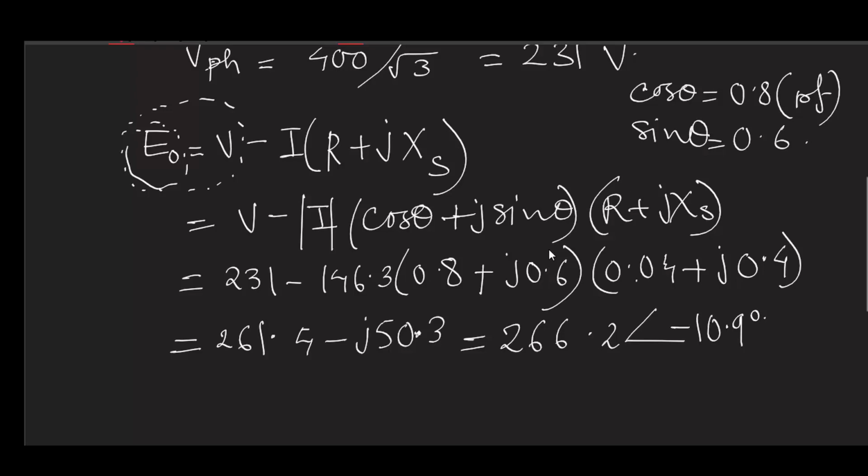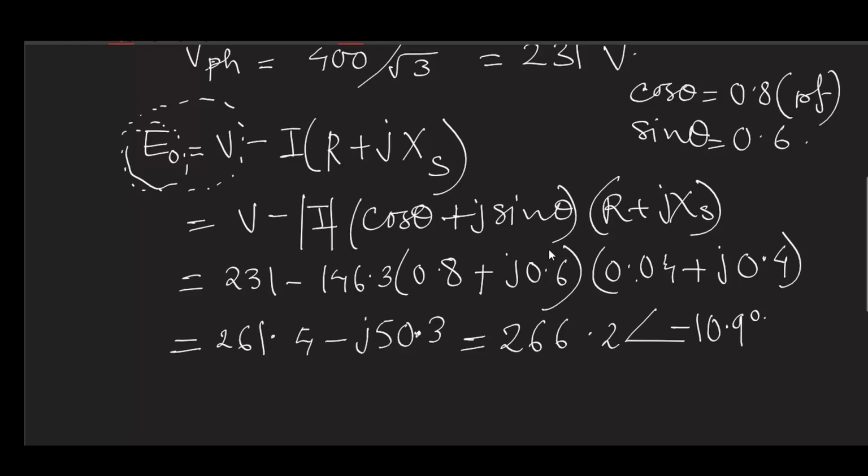Now we have to find out the amount of mechanical power developed. This is a very tricky phase. Mechanical power developed, you can find in two ways. One is that if you are aware of mechanical losses, then you can add them to your shaft output power to figure out the mechanical power developed.